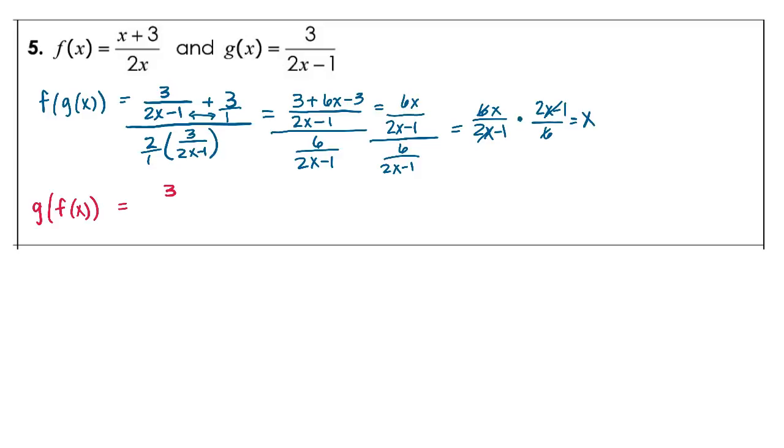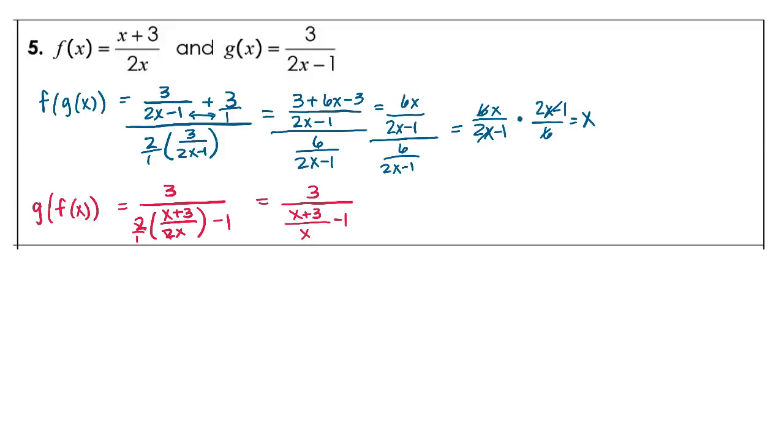So I'm going to have 3 over, and that's going to be 2 times, and we have x plus 3 over 2x, and then minus 1. So we have 3 over, and if we multiply it down here, those 2's will cancel. So I have x plus 3 over x minus 1.